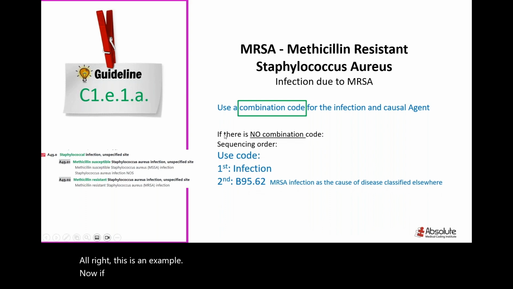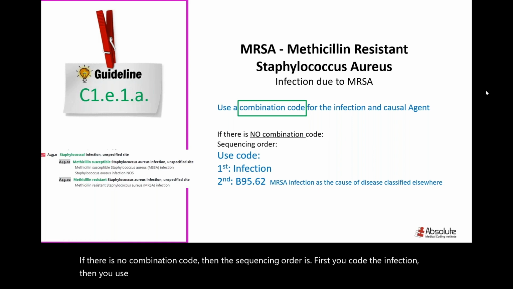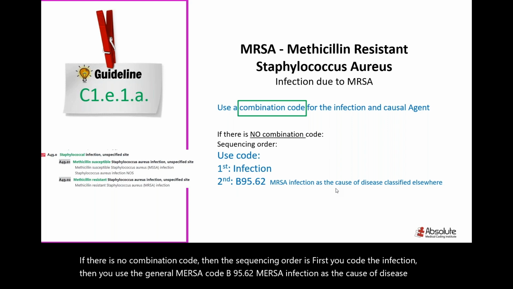Now, if there is no combination code, then the sequencing order is first you code the infection, then you use the general MRSA code, B95.62, MRSA infection as the cause of disease classified elsewhere.